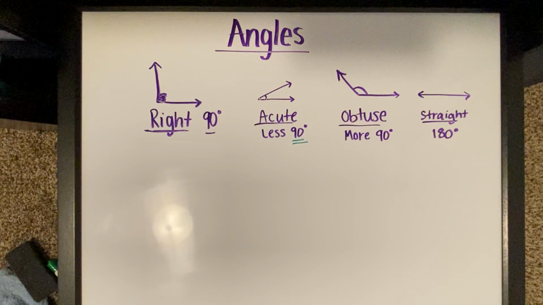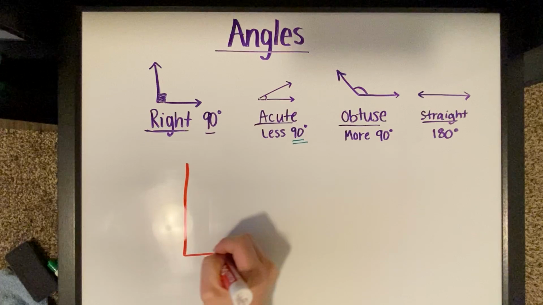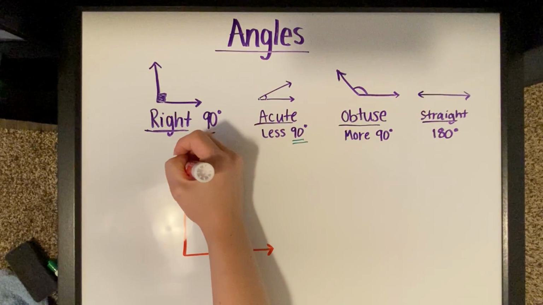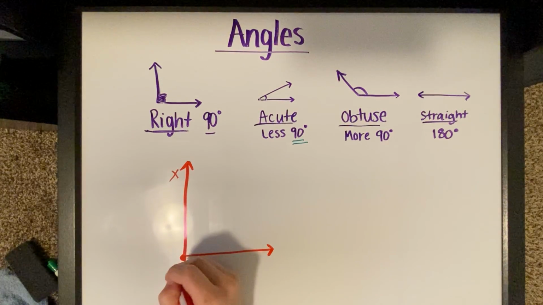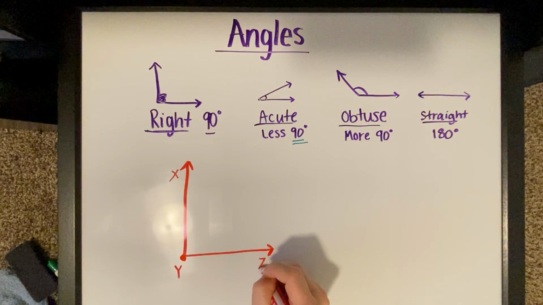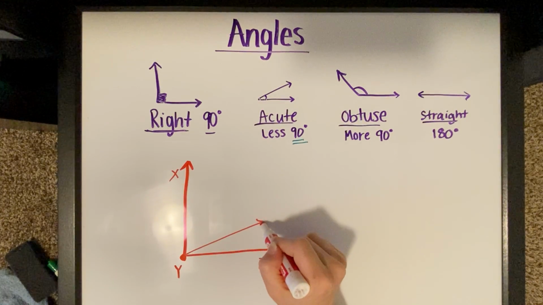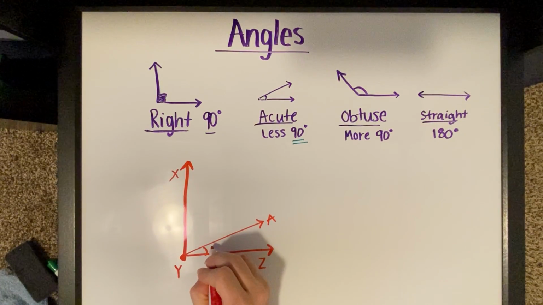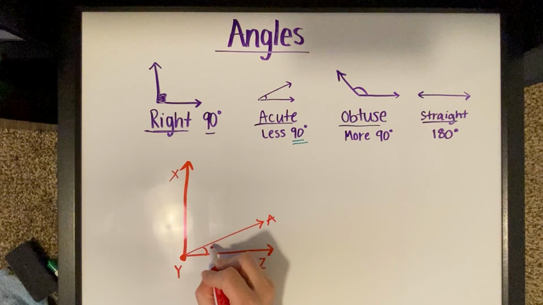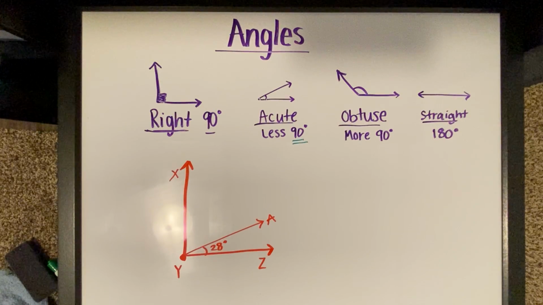So for example, if you were given an angle that looks like this, and let me just call this angle X, Y, Z. And then right about here, I'm going to have angle A. So I know that angle A is going to be 28 degrees.